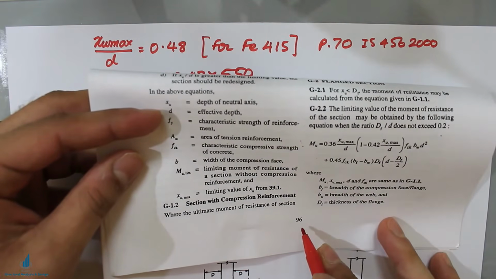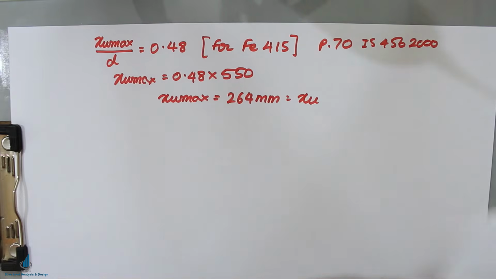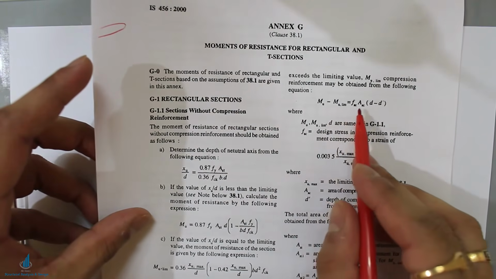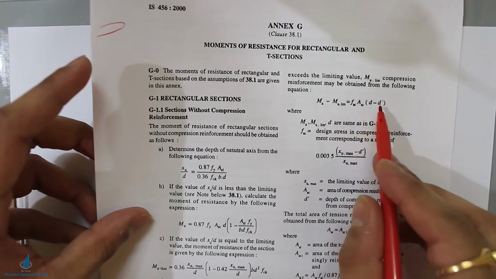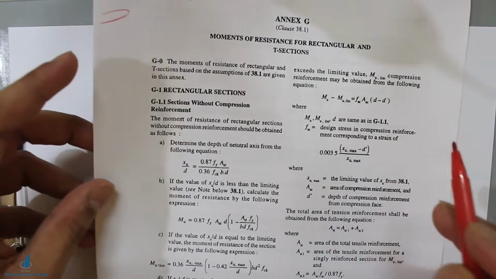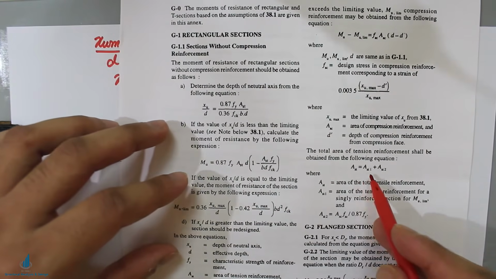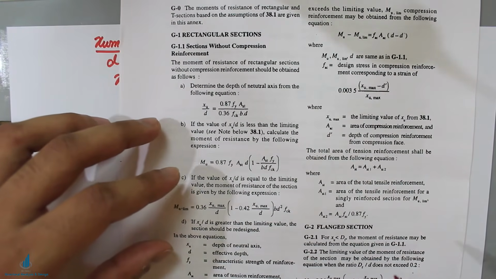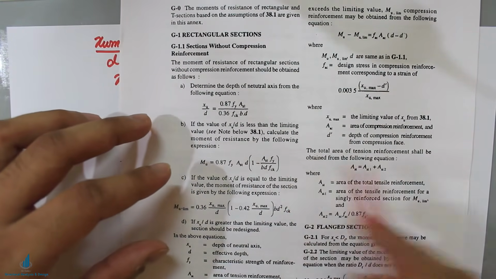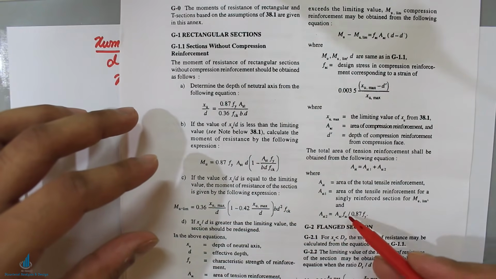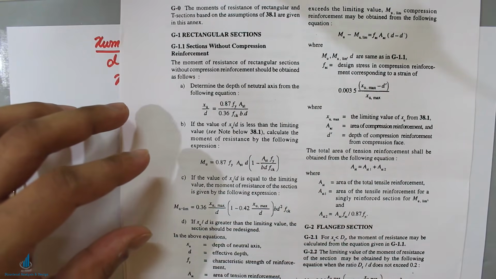Here they have given one formula, Mu minus Mu limit equals Fsc Asc (d minus d dash). This formula is given to calculate Asc. Then they have given Ast equals Ast1 plus Ast2. Ast1 I will show how to calculate, and for Ast2 they have directly given the formula, Asc Fsc divided by 0.87 Fy.